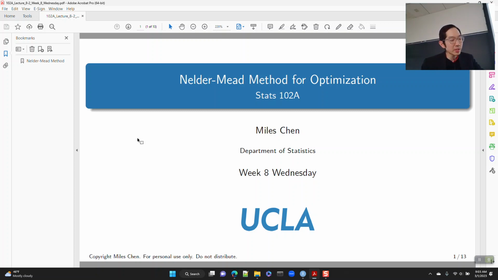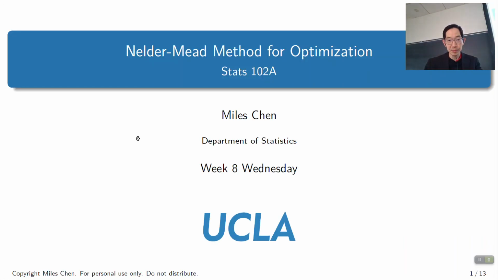And its default algorithm is the Nelder-Mead algorithm. You can actually use other algorithms too. You can use basically things that are based on gradient descent, and those also exist in optim. But anyway, Nelder-Mead, it's an important algorithm. So let's take a look.